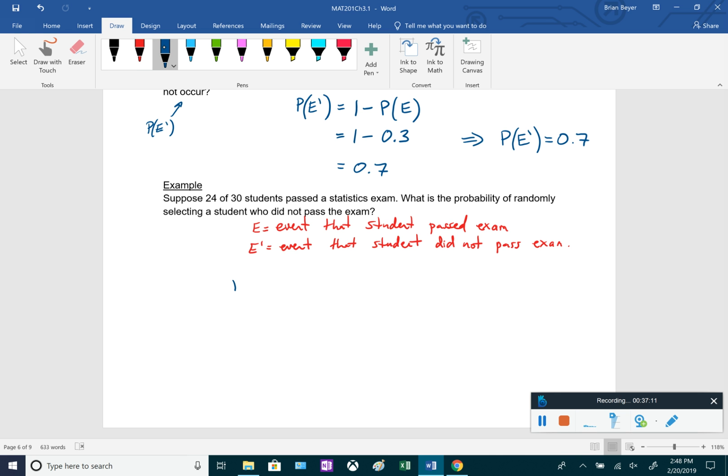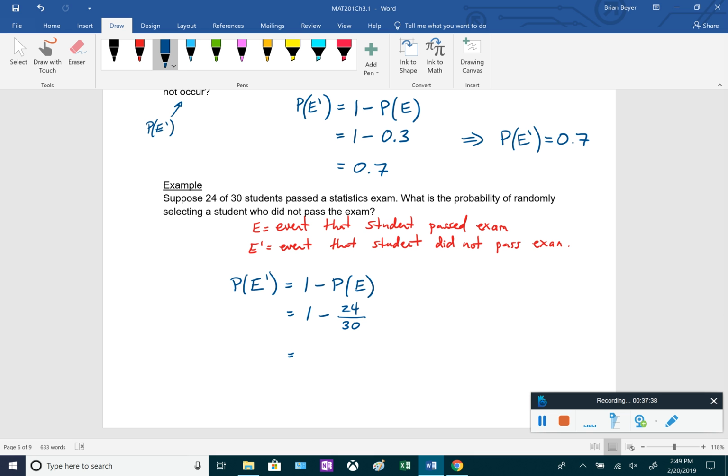That means we're going to set it up the same way that we just set it up. Probability of E complement is going to equal 1 minus the probability of E. 1 minus, so the probability of E, 24 out of 30 passed. That's the empirical probability. It's just a fraction, 24 out of 30.